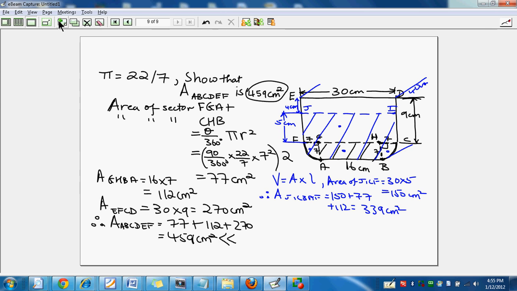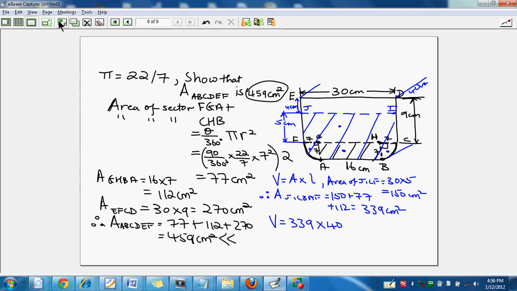Good? Why is that important? Because in order to get the volume that we are interested in, we need to take that area of cross section and multiply it by the length perpendicular to it, which was given to us as 40 cm. So the volume that they're interested in will be 339 multiplied by 40.